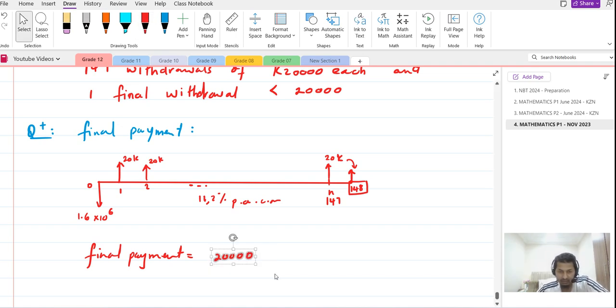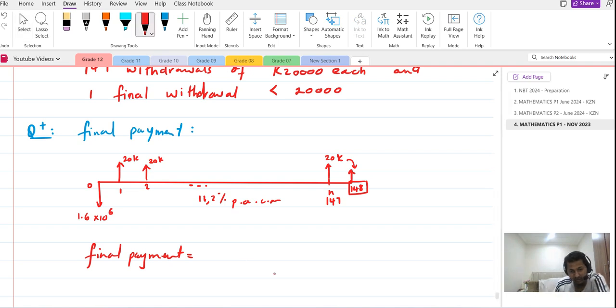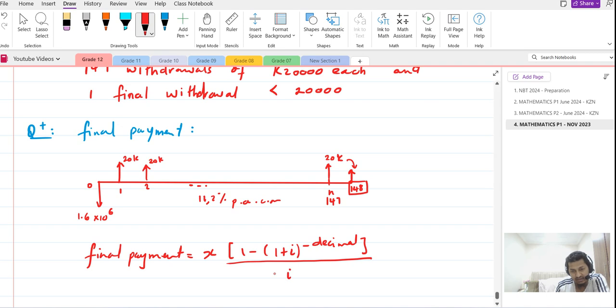One second, need a formula. So you're going to say x into 1 minus (1 plus i) to the power negative n, divided by i, into 1 plus i.